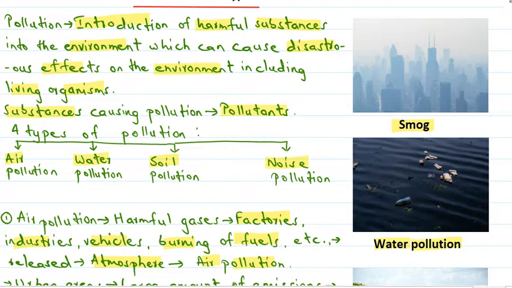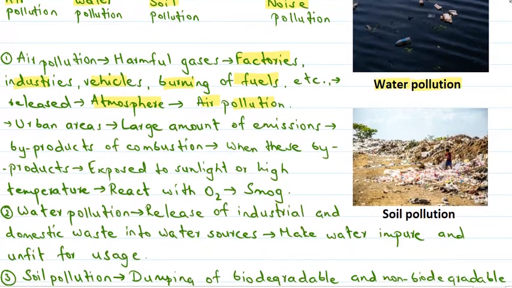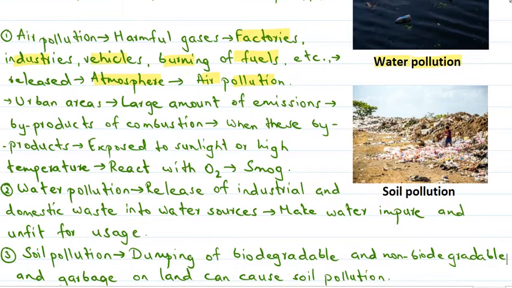Then we talked about soil pollution. So what happens in soil pollution? Here also wastes are being dumped, but in water pollution the wastes were released or dumped in water, while in soil pollution these are dumped on land.